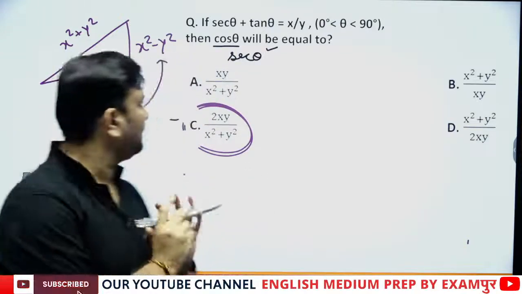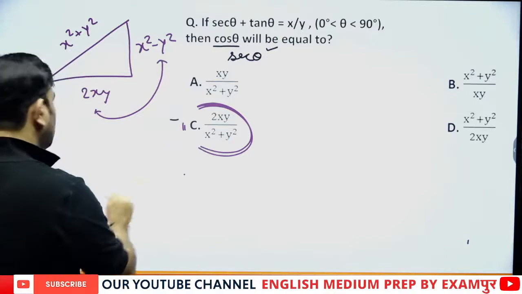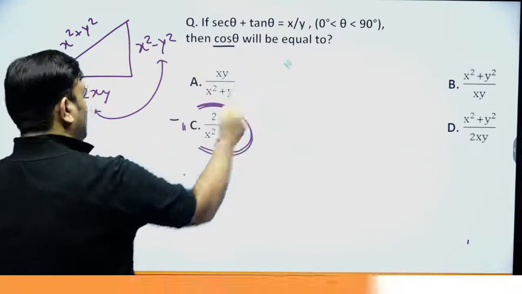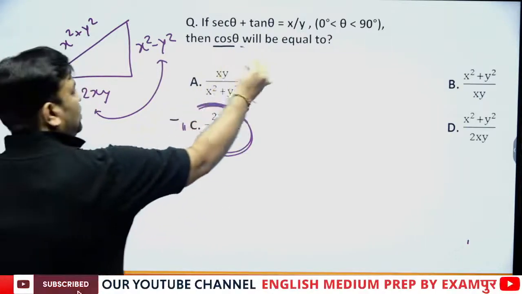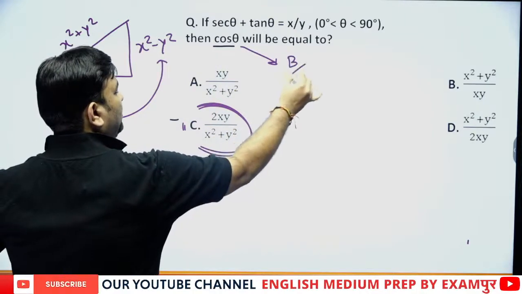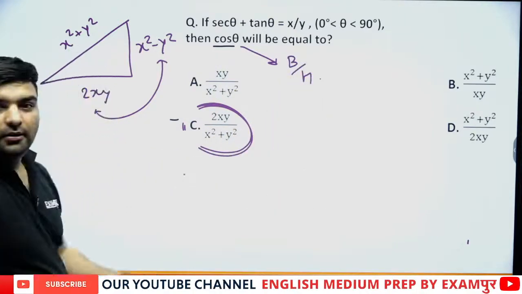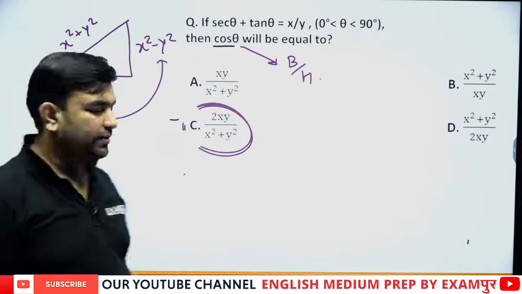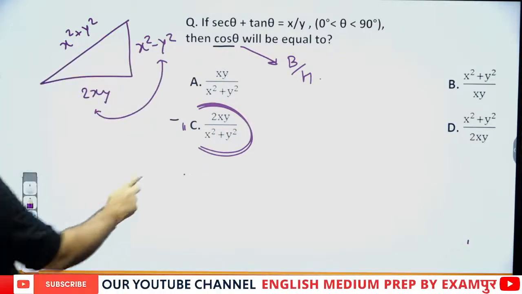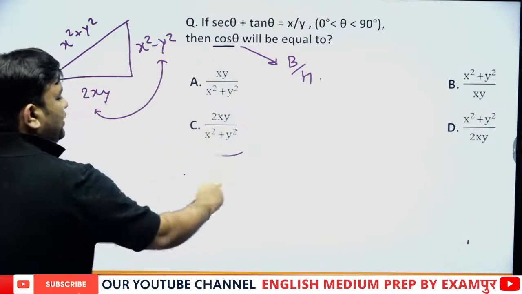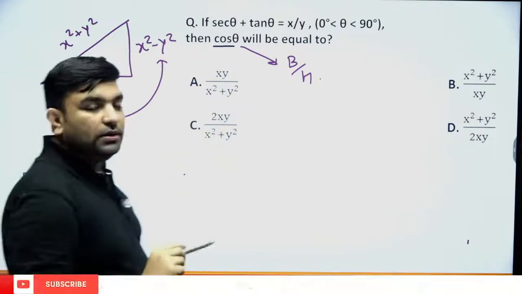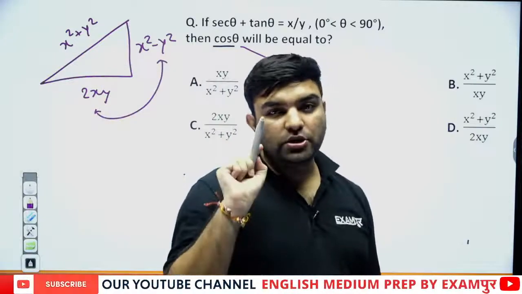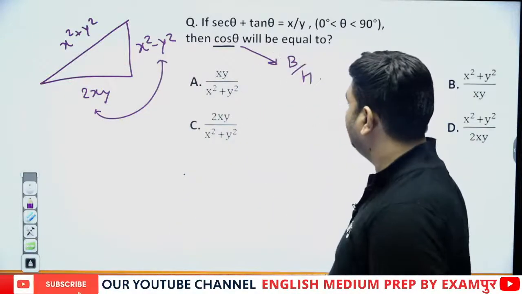Now, the question is asking you the value of cos theta. Cos theta is based upon the hypotenuse. Hypotenuse is definitely going to be x square plus y square, so it should come in the denominator.